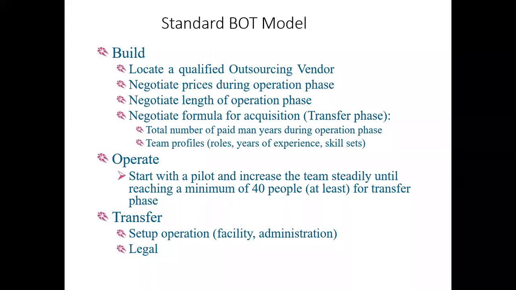So initially, the pilot or minimum people may be required there, and that can be possible. There is no issue at that point. But as time passes, at the transfer phase 40 people are required. Then at the transfer phase: setup, operation, facility, administration, and legal. So during the transfer phase, these things are measured.